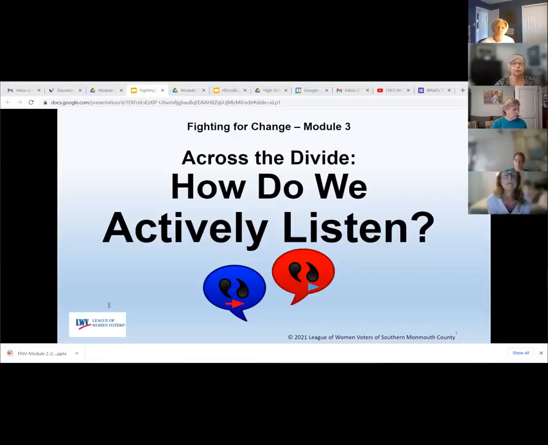So this is the overview. It's easy to see by looking at the news or social media or even in our neighborhood that communication is an issue today. In order for democracy to prevail in our country, we need to be able to engage others in a civil manner. Differences of opinion are inevitable, but we can learn how to manage those differences and conflict.